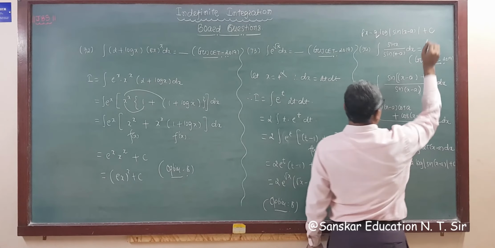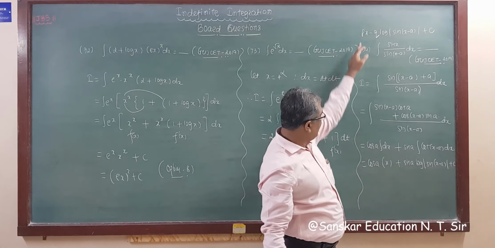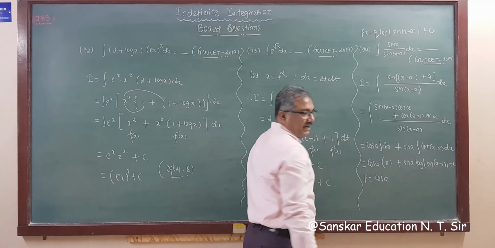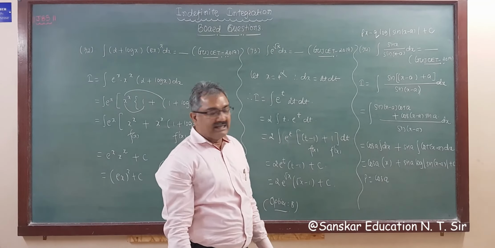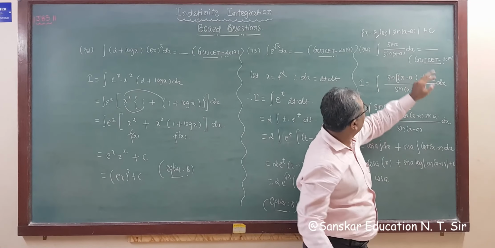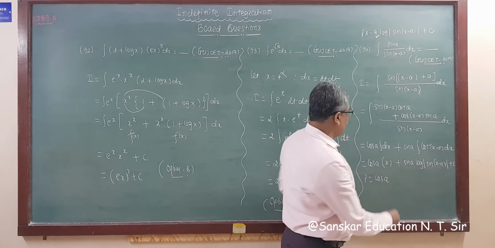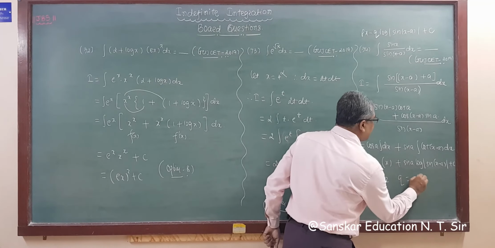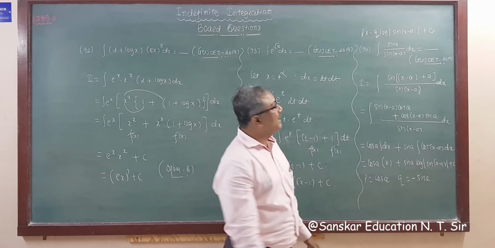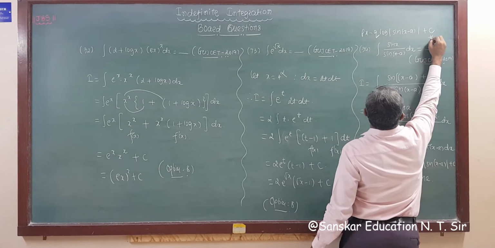This is given. So comparing with this, p is cos a, right? And q, it is given as minus q, so q is minus sin a, right? Then they require pq. Then pq is equal to what?